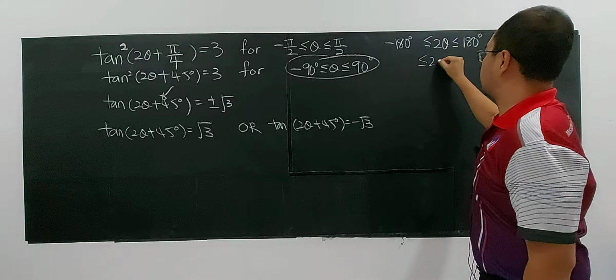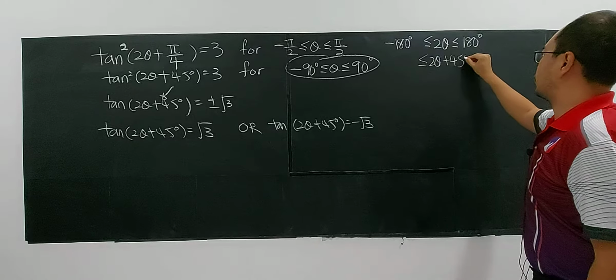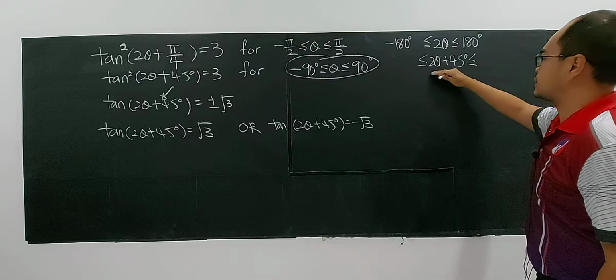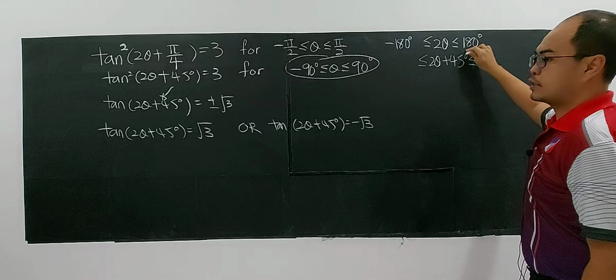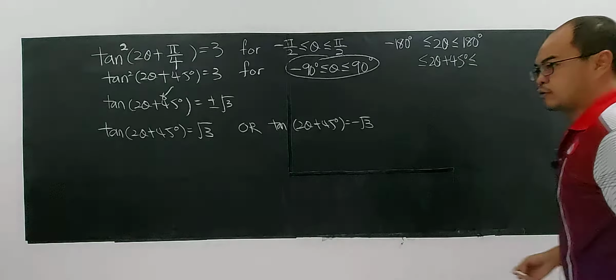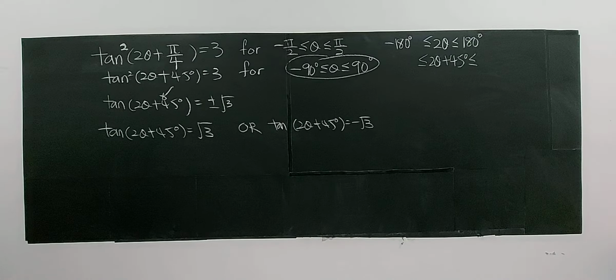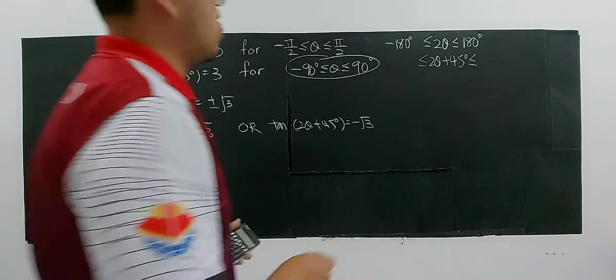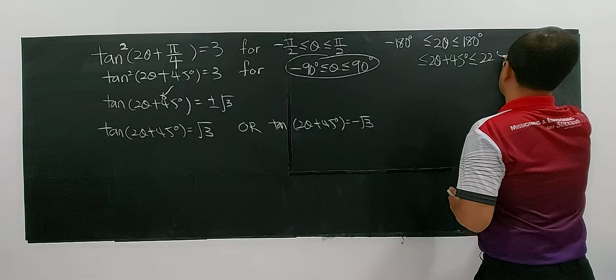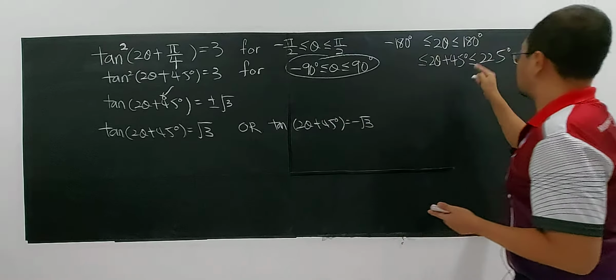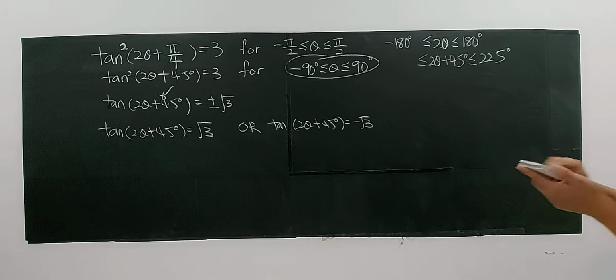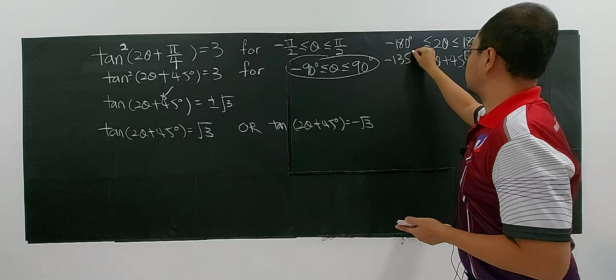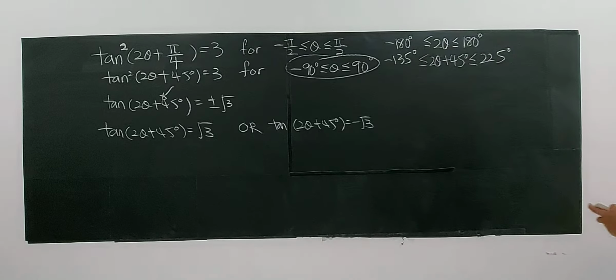Then you add 45 degree to find the maximum and minimum values of the angle you can accept. 180 plus 45 gives 225, so you can accept answers up to 225. And negative 180 plus 45 gives a minimum of negative 135. This is the range of solutions that can be accepted.